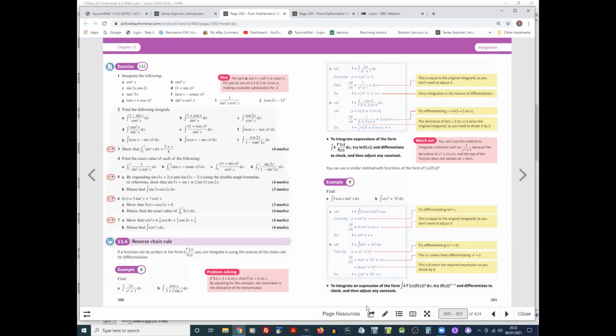Until I realise that I don't need to use the reverse chain rule, I'm assuming I won't need to use that particular formula, f dash. No, I mean, the trouble with that formula is it looks like something new and different.